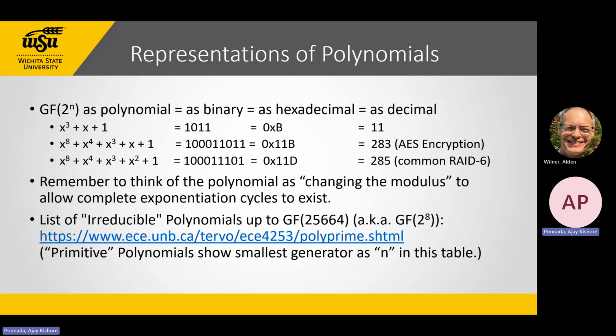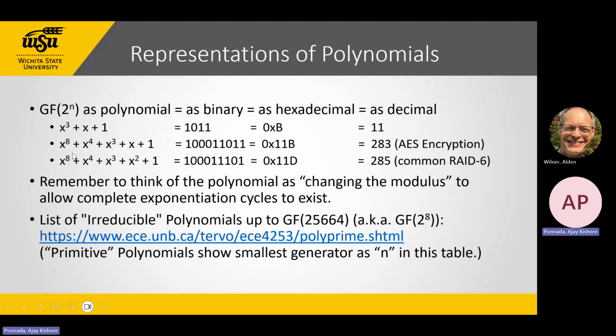Representations of polynomial GF 2 power n: as polynomial, as binary, as hexadecimal, as decimal. For the first one we can see x cube, the x squared term is 0, x power 1 is 1, and the constant is 1. So 1, 0, 1, 1. For x power 8, the terms 7, 6, 5 are zeros, 4 is 1, 3 is 1, 2 is 0 again, then 1 and 1.